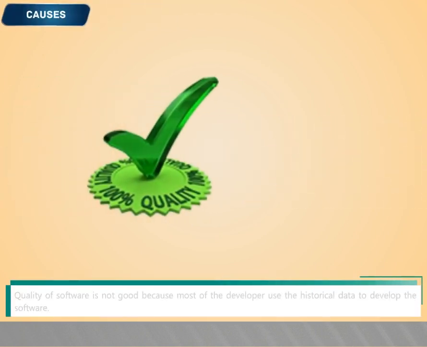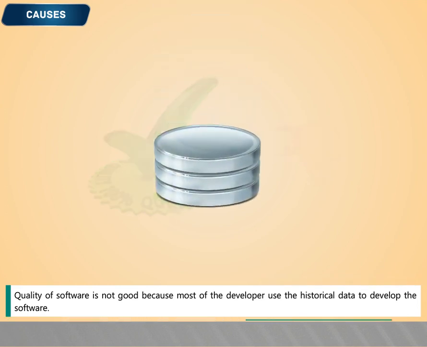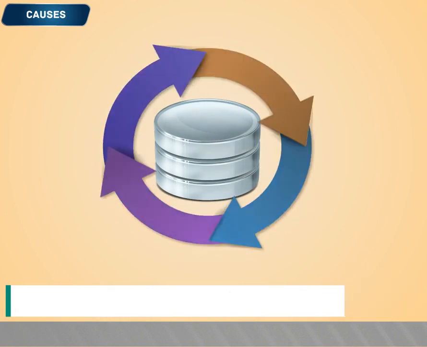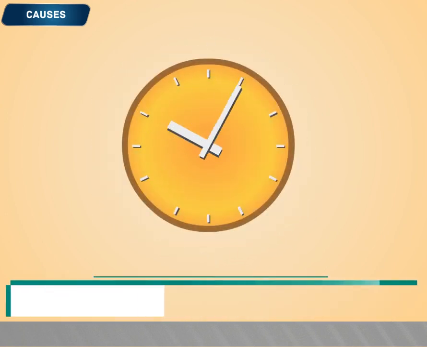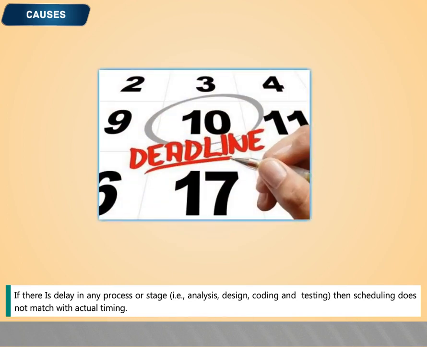Causes. Quality of software is not good because most of the developers use historical data to develop the software. If there is delay in any process or stage, that is analysis, design, coding and testing, then scheduling does not match with the actual timing.